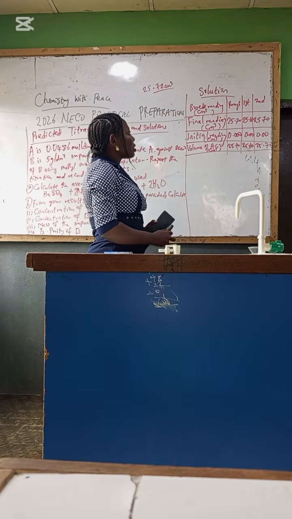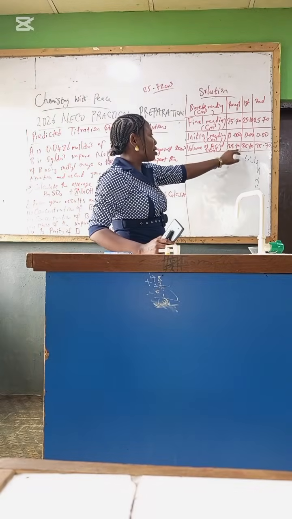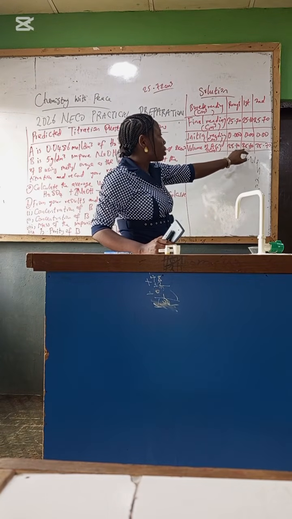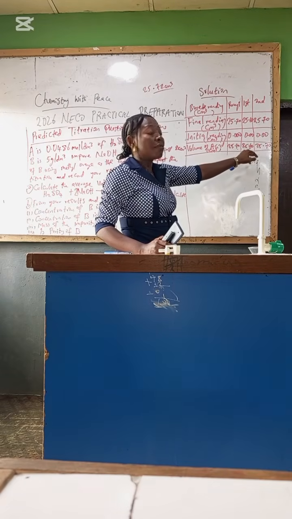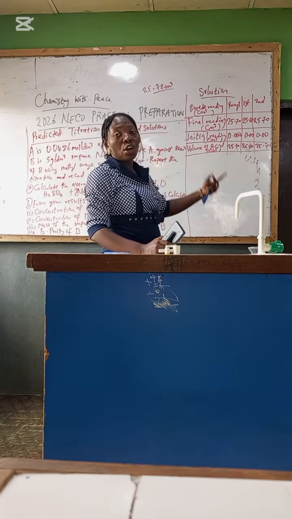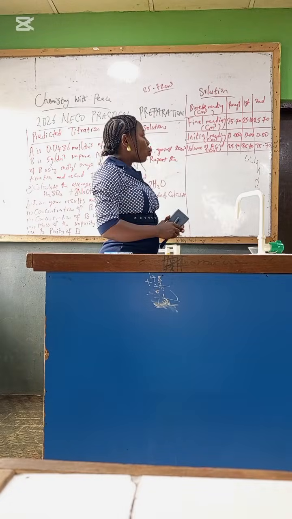So I've gotten my rough 25.70, the first titre 25.60, second titre 25.70. So your volume must not be this, but it should just be within the range.